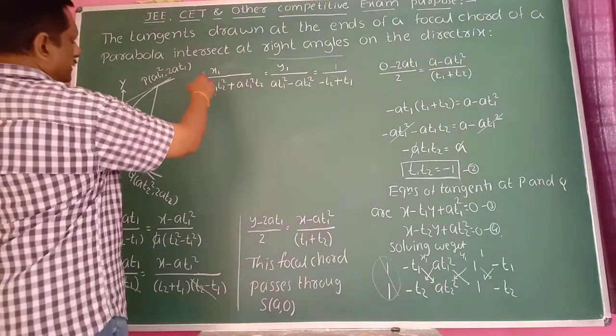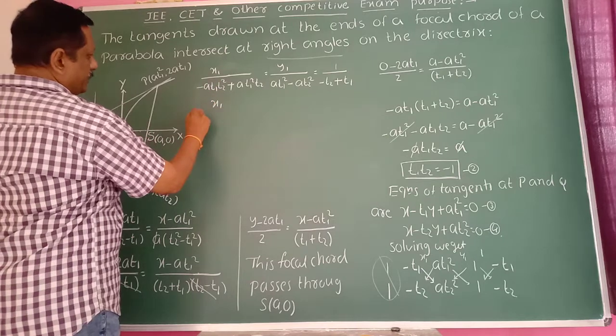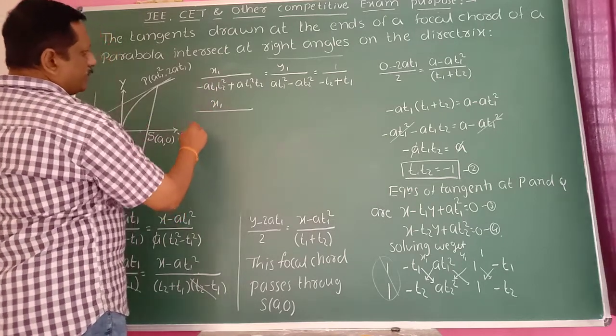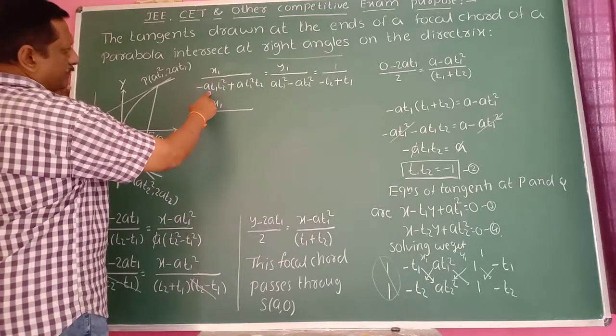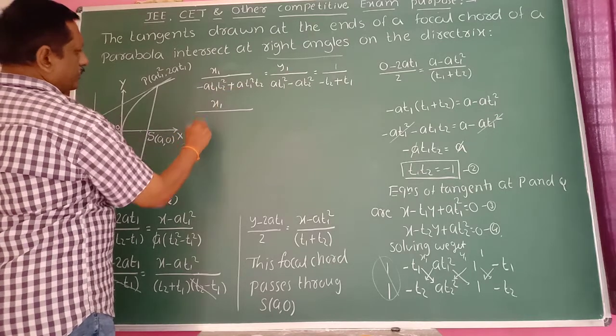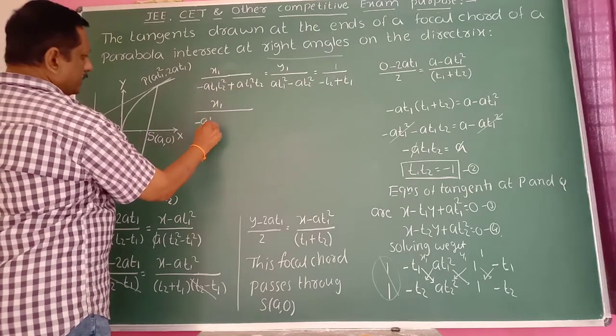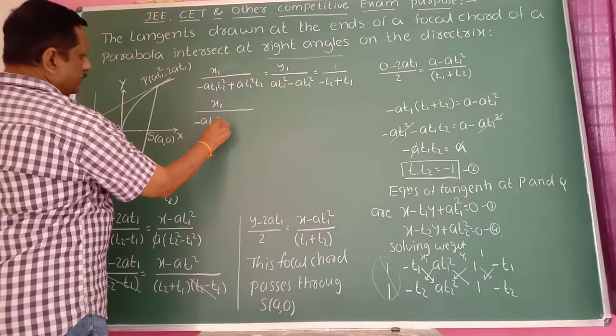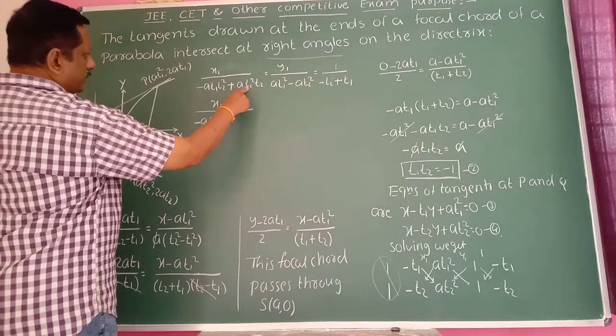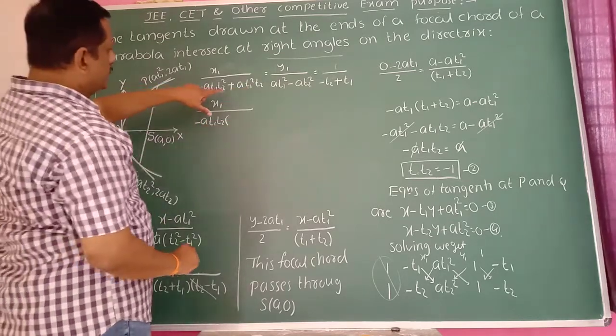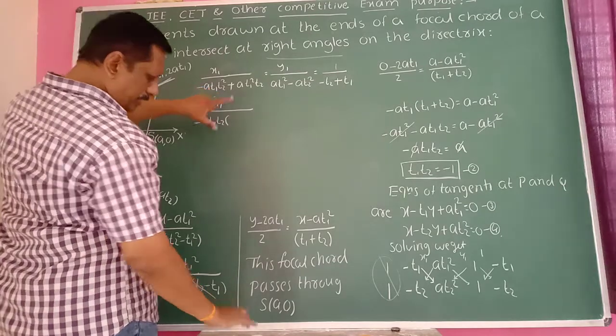Then x1 divided by, you can take a common factor here, minus a t1 t2 is the common. Then the remaining term is here, take the plus only.